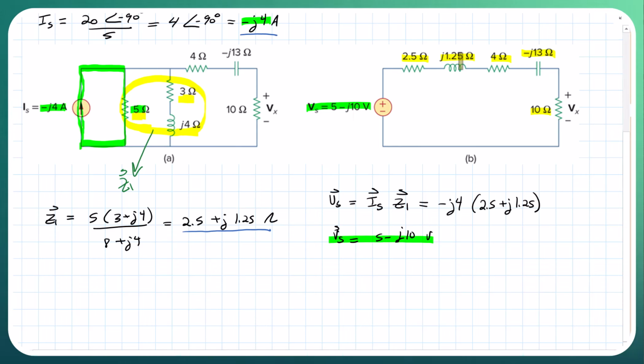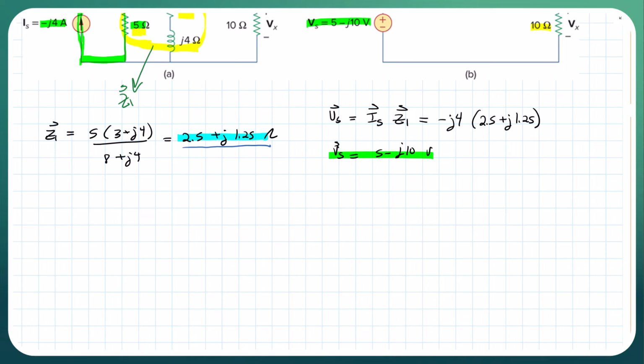And now we can solve for Vx by voltage division.